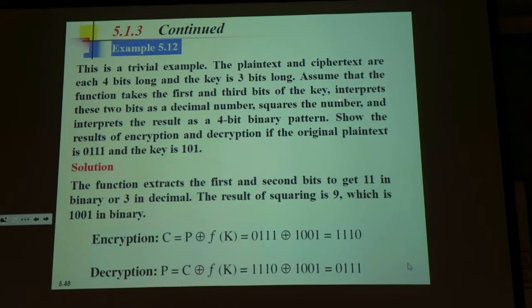And interprets these 2 bits as a decimal number. Convert them to a decimal. So 11 would be 3, right? Convert them, the first bit, third bit, combine them together, convert them to decimal.